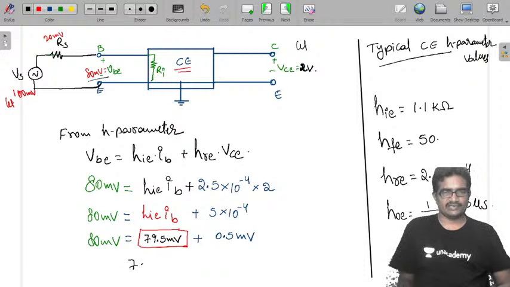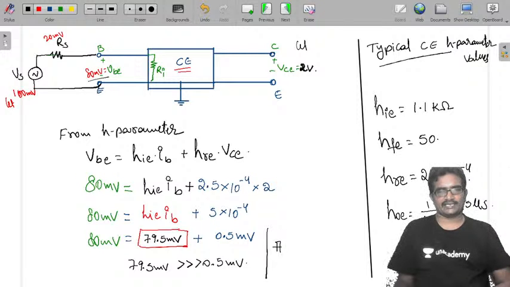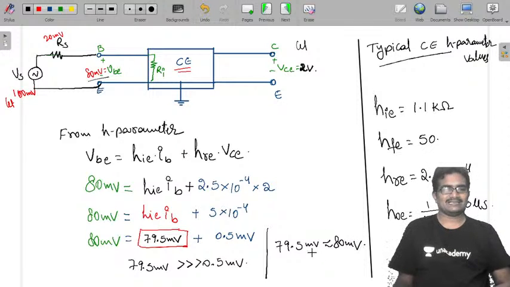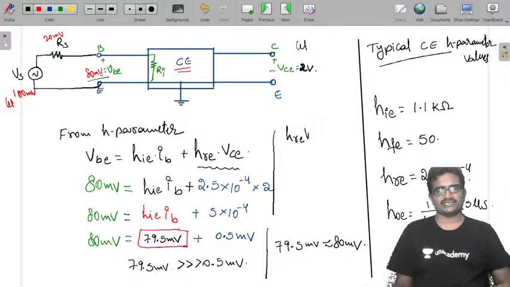So 79.5 millivolts is much greater than 0.5 millivolts. Okay, and you can write 79.5 millivolts is approximately 80 millivolts. That's what I am doing. So whatever the value of this HRE into VCE we have, that HRE into VCE is very much less than HIE into IB.